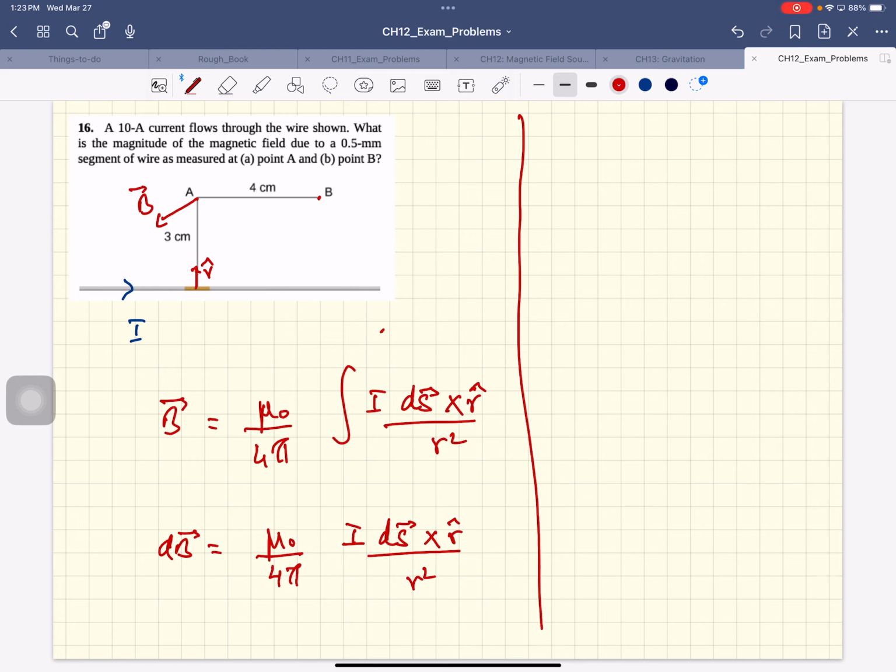So we already know the direction of the magnetic field. Now we just have to find the magnitude.